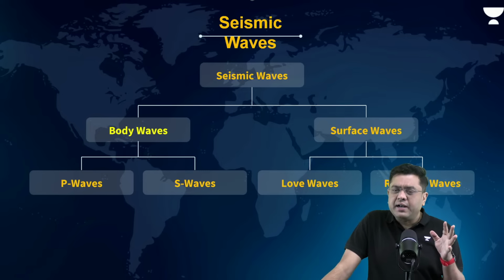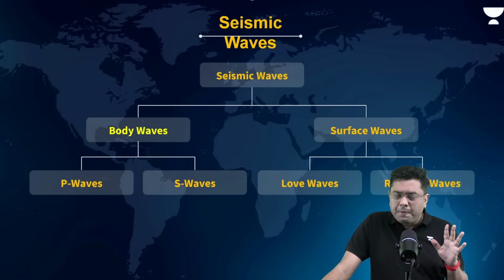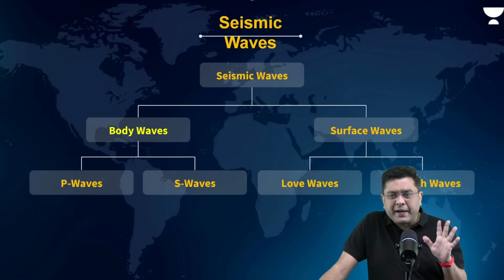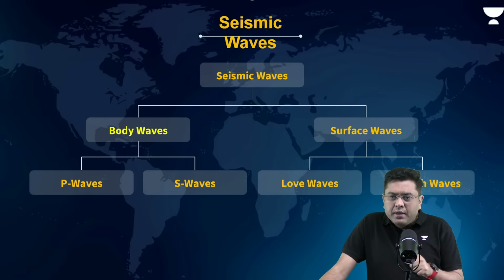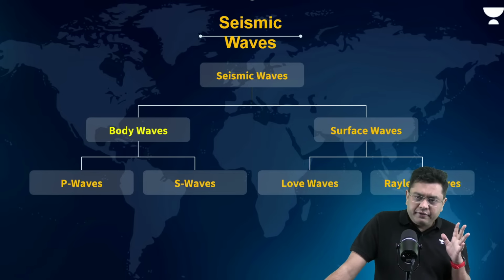Body waves are further classified into PS, PG, and multiple other types of waves also. But for a simple aspect, we will understand P waves, that is primary, and S waves, that is secondary. Surface waves are of two types: Love wave and Rayleigh wave.